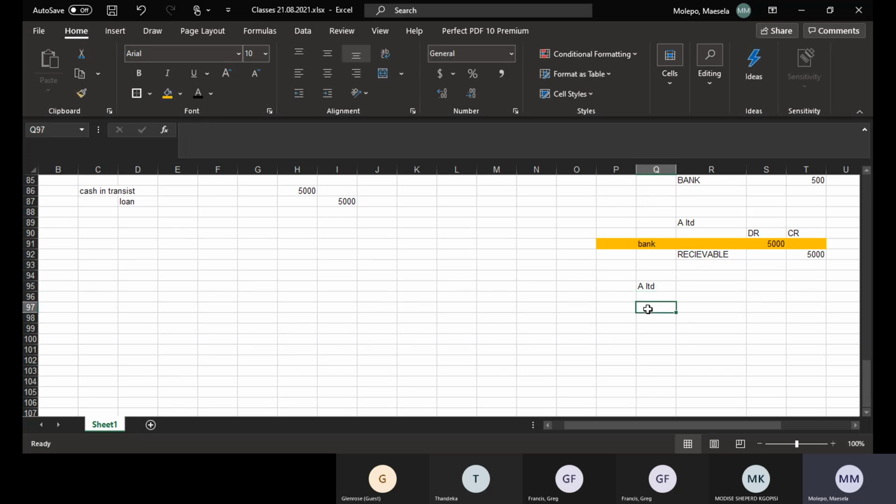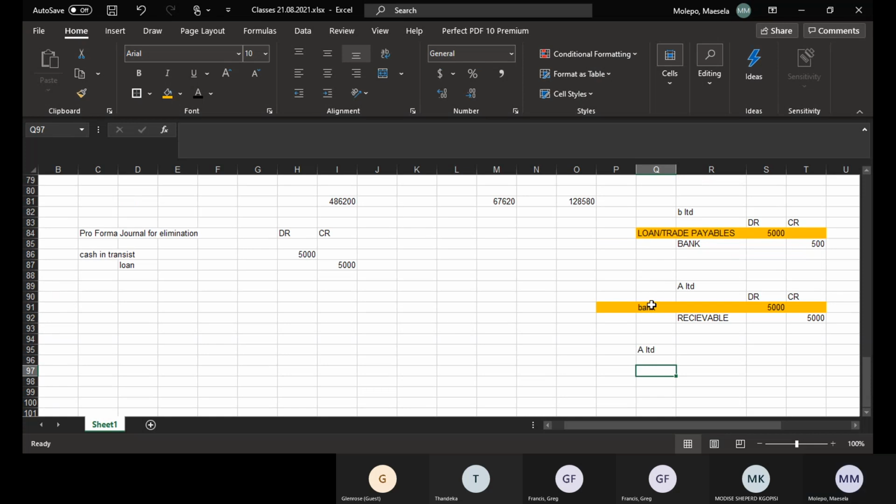It will be bills receivable, because as an asset, normally the receivable is increased on the debit side because he's going to receive that 8,000.